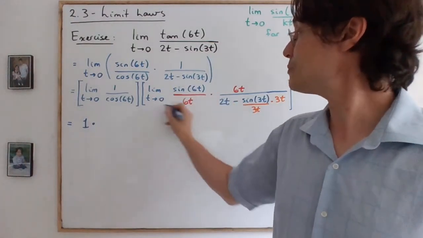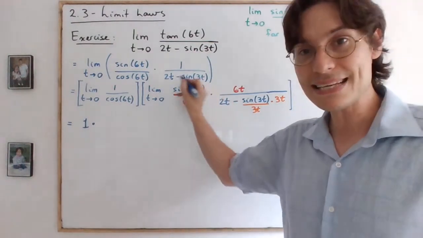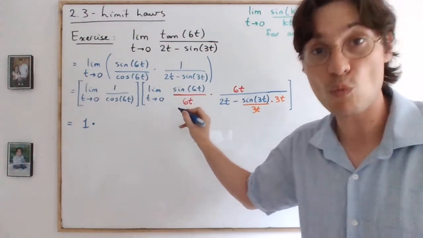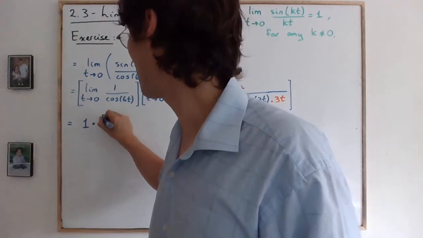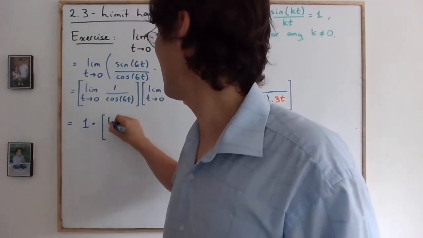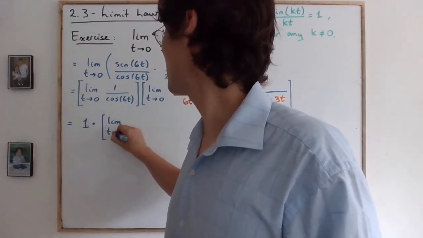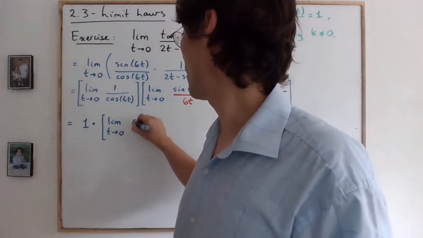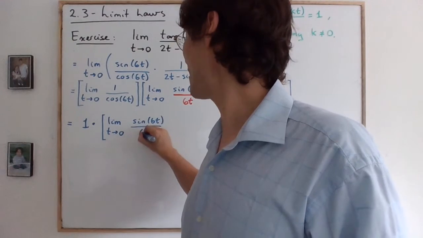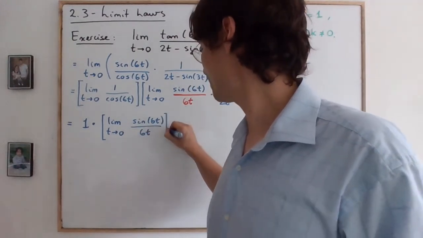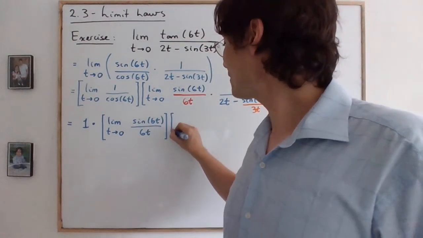Now, it turns out to be the same thing here. This is no more an indeterminate form. We know that this is approaching 1. So we're going to take it away from the limit. We're going to write here limit as t is approaching 0 of sine of 6t divided by 6t times the limit of the rest.